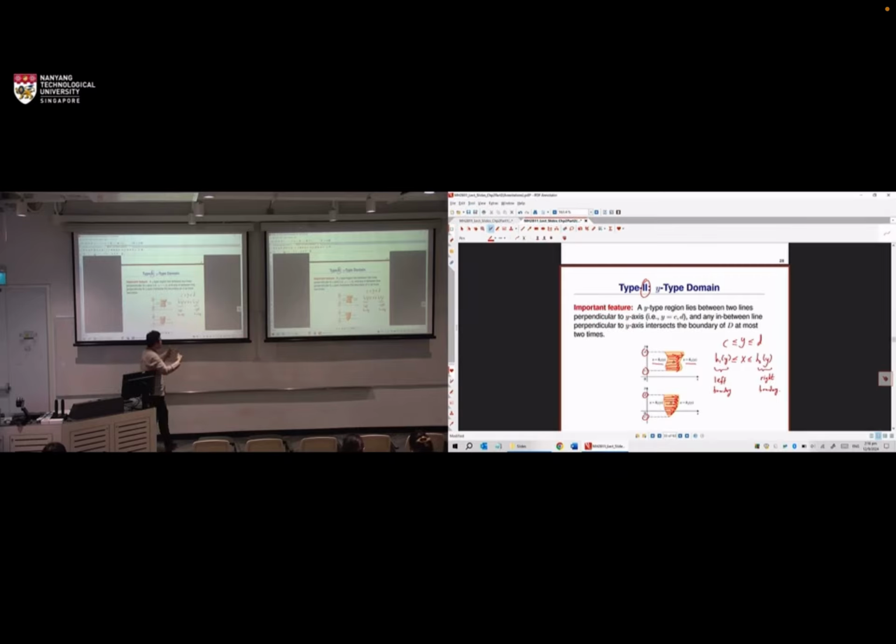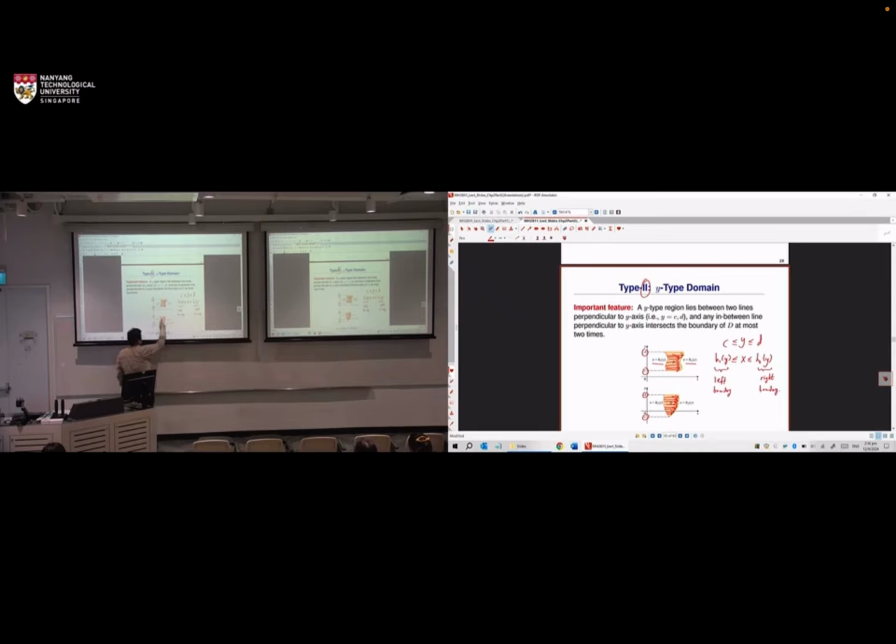So when we try to formulate the problem, your y is between a c and a d. But your x is always between x equal to a function in terms of y, the left boundary, and the right boundary, h2 of y, another function in terms of y.